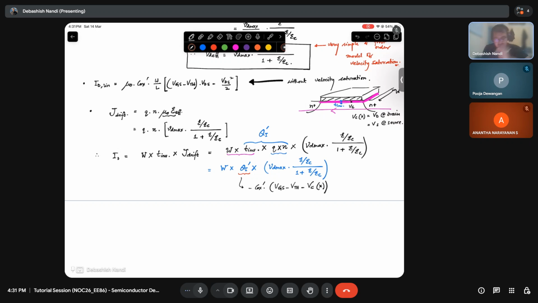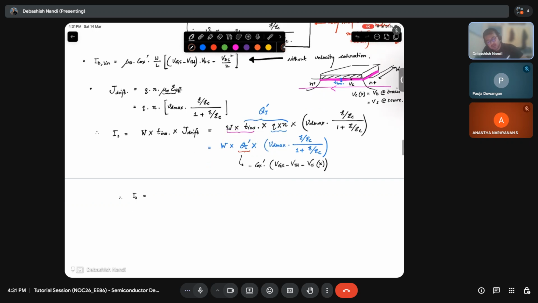Fine. So now your ID will be what? This minus sign will be taken care by this. So ID will be what? If I just simplify it, W times Cox times VGS minus VTH minus VC of X, right?